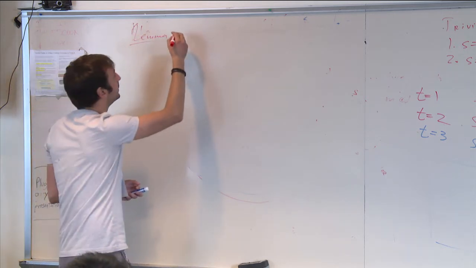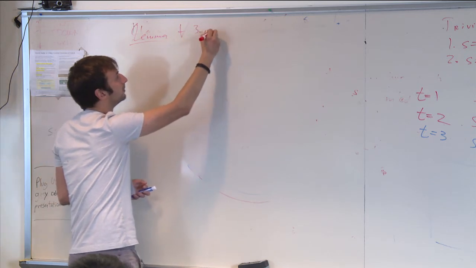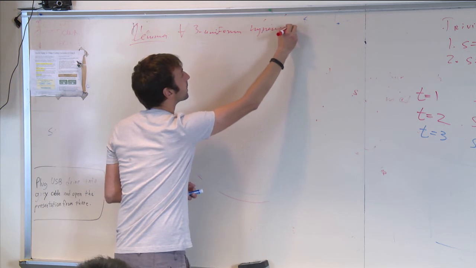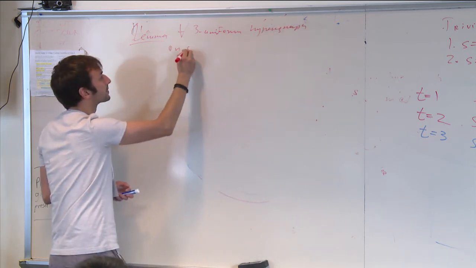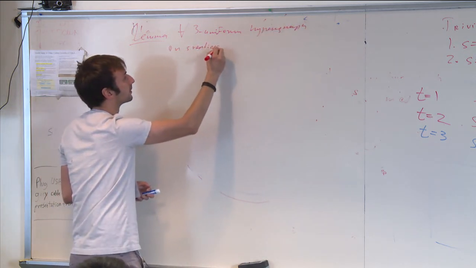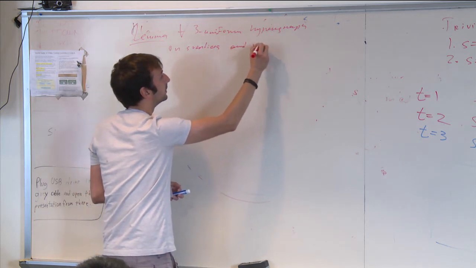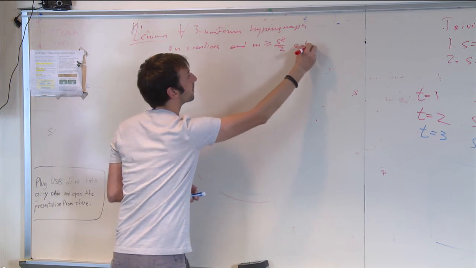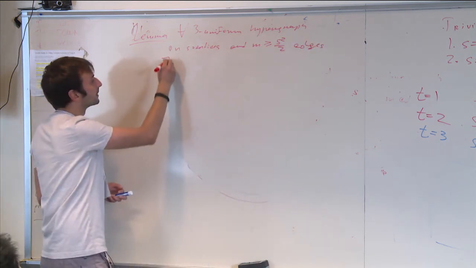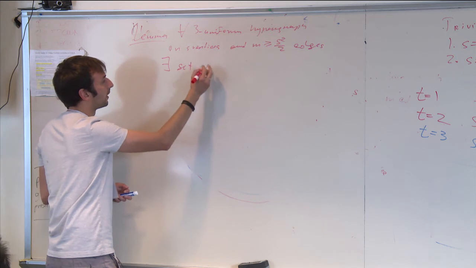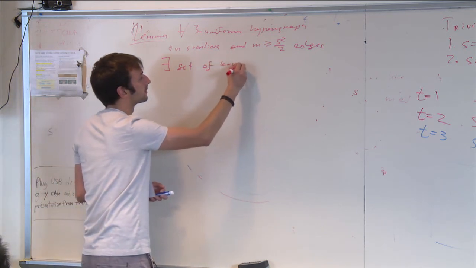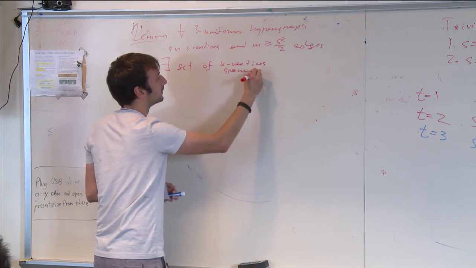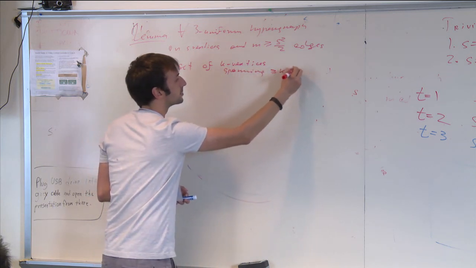So we want to say: for every 3-uniform hypergraph on S vertices and M, say at least S squared over 2 edges, there exists a set of k vertices spanning k plus 1 hyperedges.